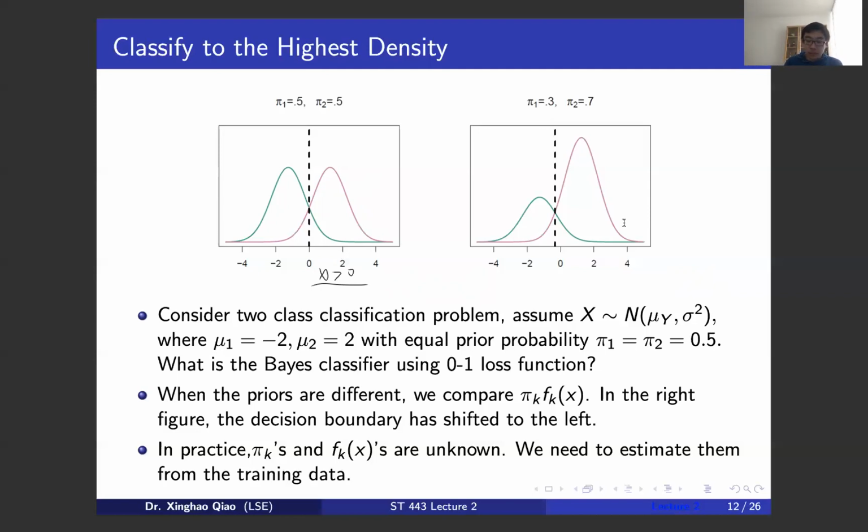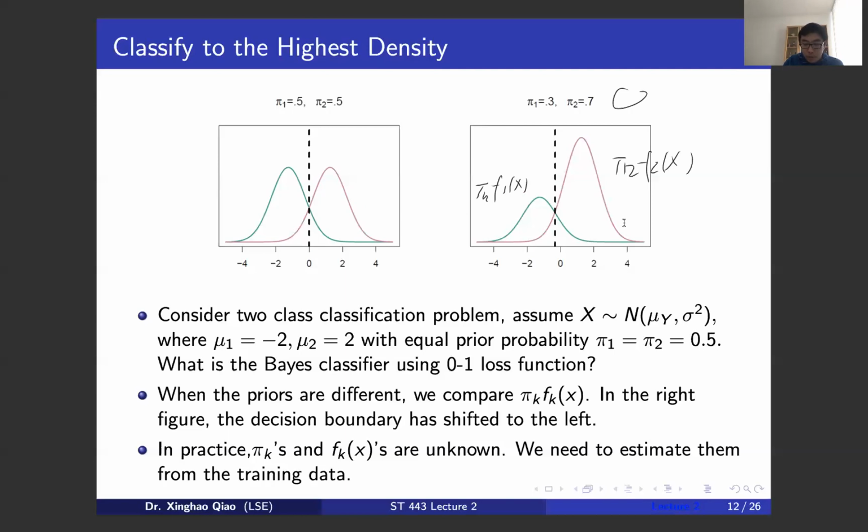And the second setting, everything is the same, but the only difference is the prior probability. So pi 1 will be 0.3 and pi 2 will be 0.7. If you calculate pi 1 times f1 of x and pi 2 times f2 of x, it will give you two curves.